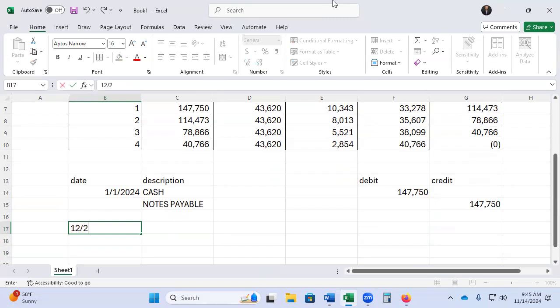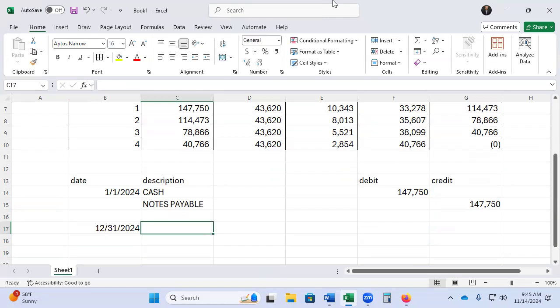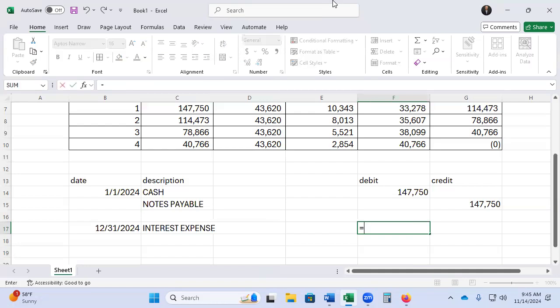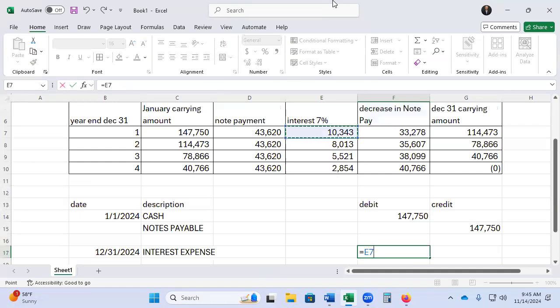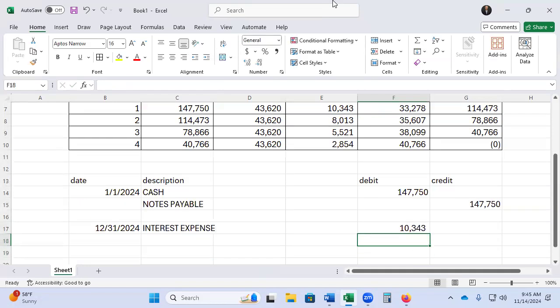Then 12/31/24, our entry would be interest expense. We take that amount from our year 1 interest expense table.